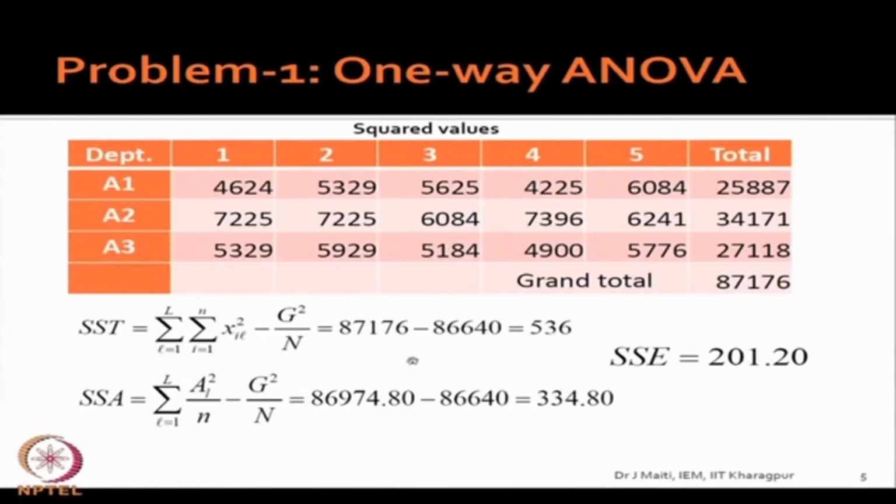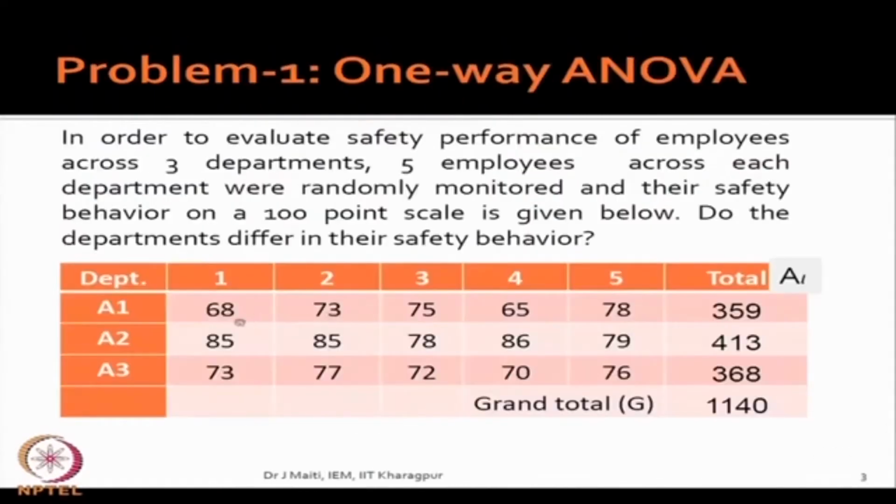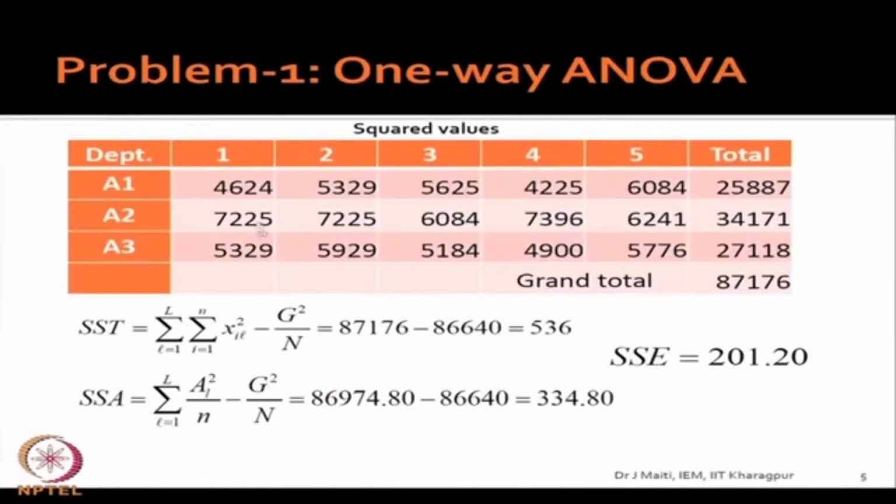These are all the earlier values, the 68, 73, 75 like this, and these values are squared. This is the squared sum across A1, across A2, across A3, and finally the grand sum of squared values.